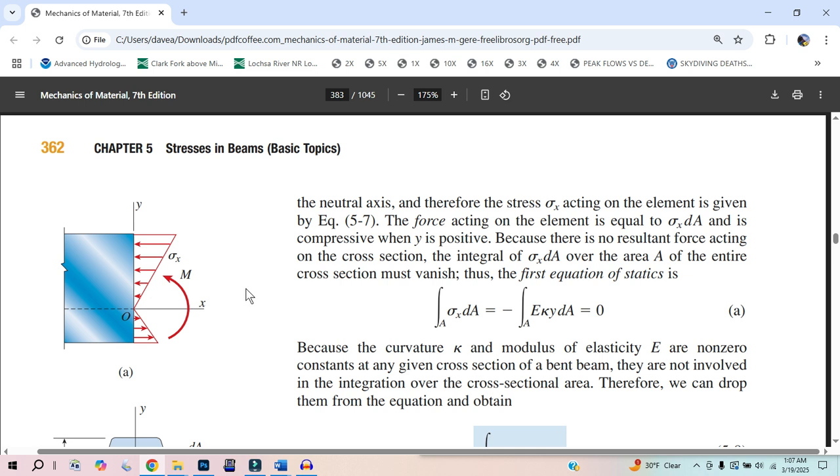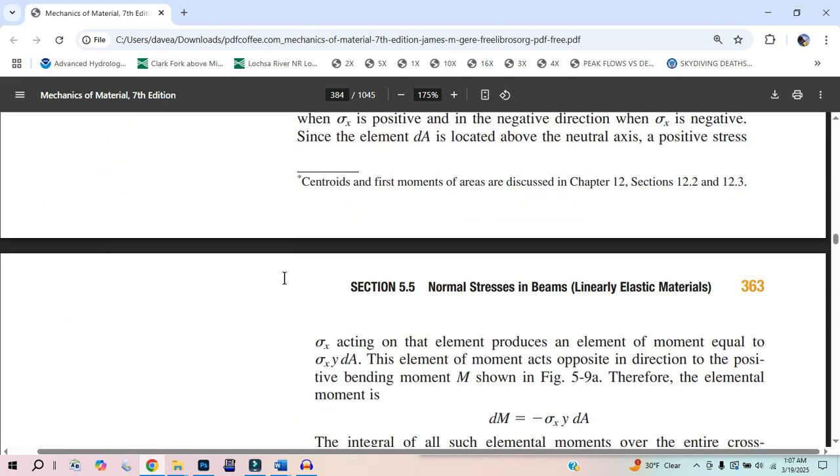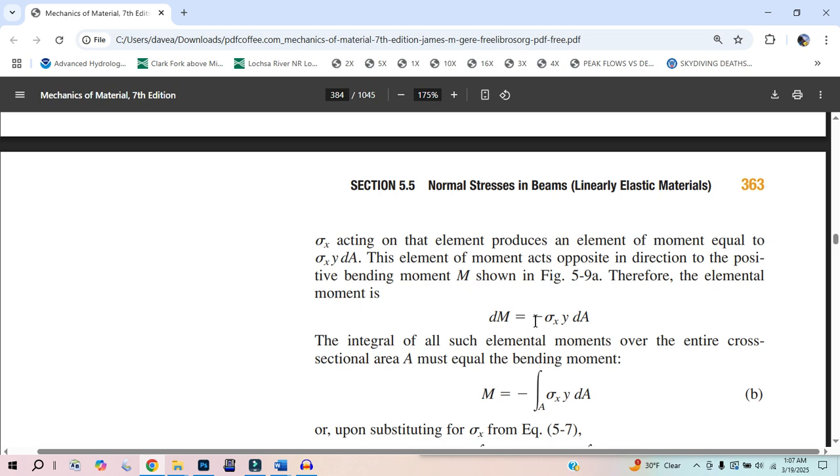And so yes, sigma dA times y is negative M. So if I want to know what M is, I just say M is negative sigma dAy. And rearrange that however you want. We're going to have dM is negative sigma y dA.